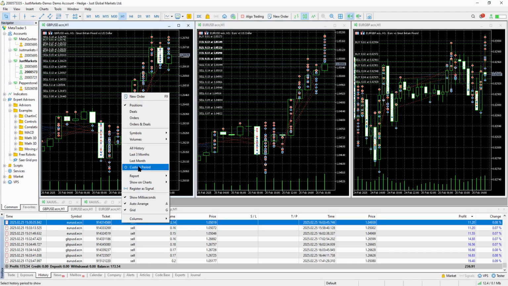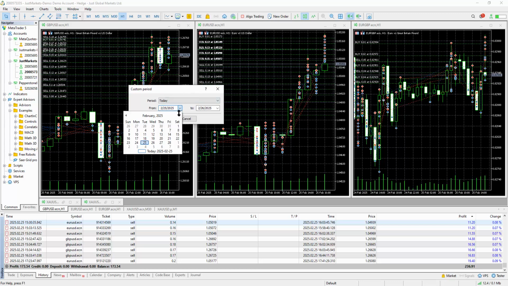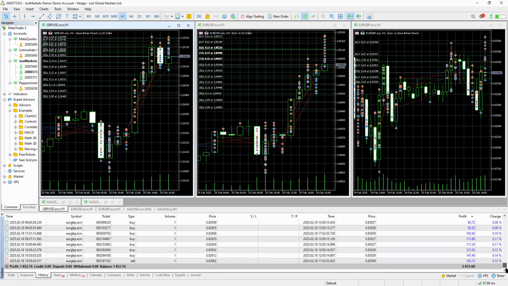So we ran the system on these three pairs, I believe, since the 18th of this month. So it's been a week and a day so far. So basically 1 week. It gave us near $2,800, right? Net is $1,852.